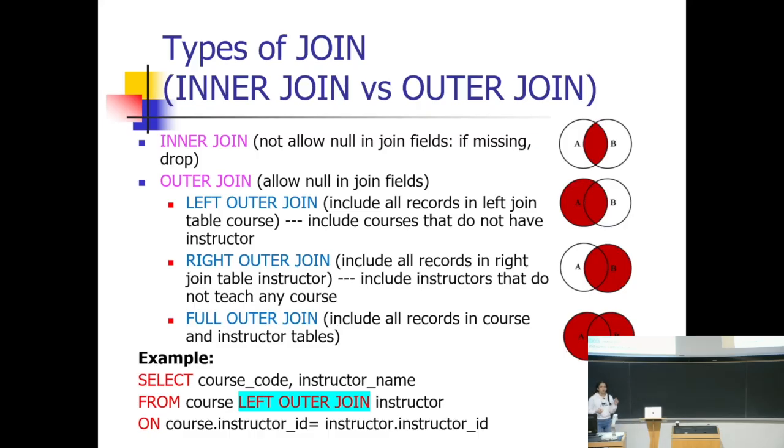If you just do inner join or join, the results table doesn't include any of those rows with null values, okay? Which means it doesn't include students who didn't take any courses. It doesn't include instructors that do not teach any courses. It doesn't include courses that have no instructors, and so on.